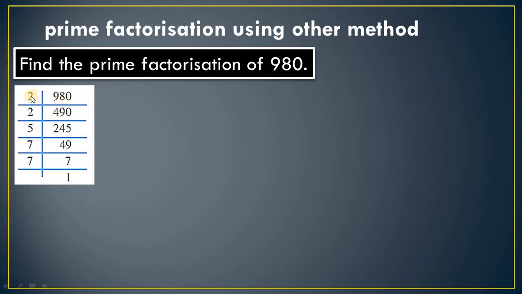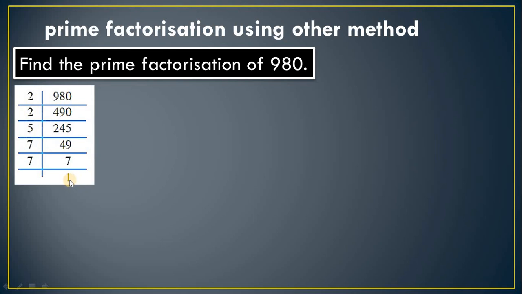So you can divide this number by 2, or at the beginning you can divide by 5 or 7, it's your choice. Suppose we divide by 2 at the beginning, we get the quotient 490, again you divide by 2, then by 5, you get the quotient 49, again you divide by 7, you get the quotient 7, again you divide by 7, and you get the quotient 1.